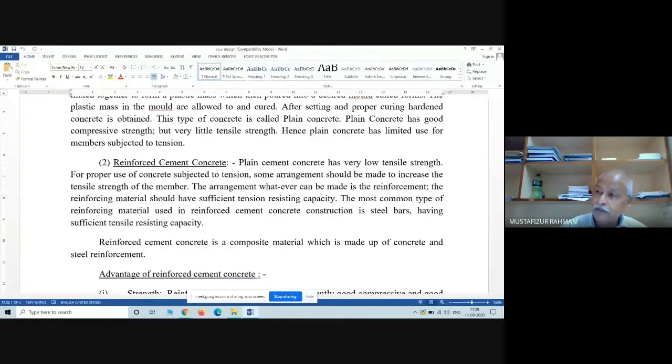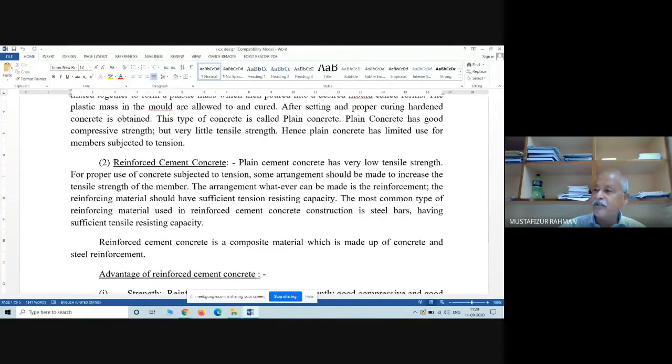Under that situation, we would have to increase the moment of inertia. To increase the moment of inertia, we would have to increase the member size, which is not practically possible. So to compromise, what is done? In the tension zone, some type of materials are introduced which have strong resistance for tension.